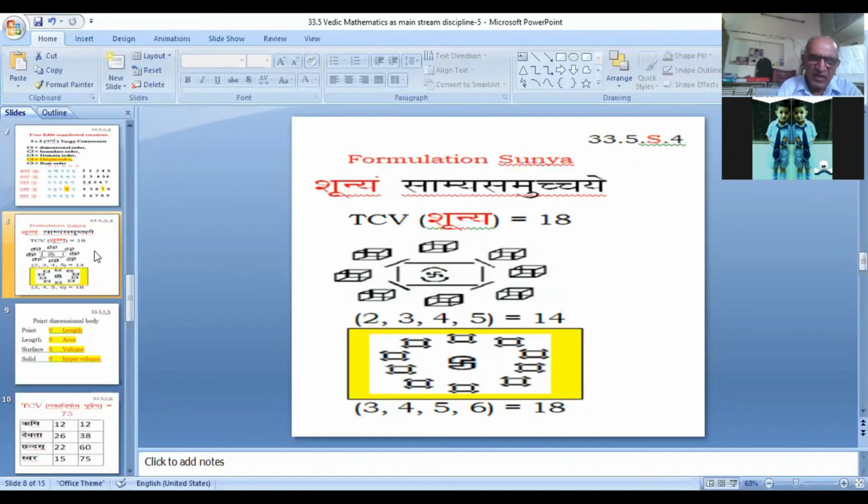And the summation value 3 plus 4 plus 5 plus 6 equal to 18 is parallel to the TC value shunya.